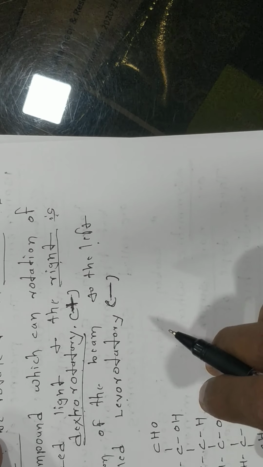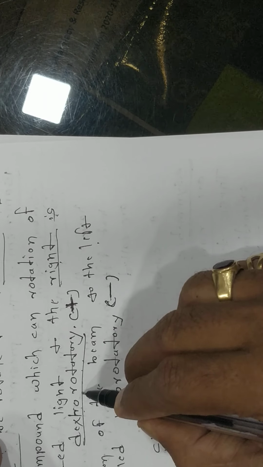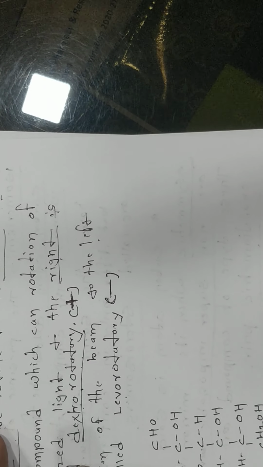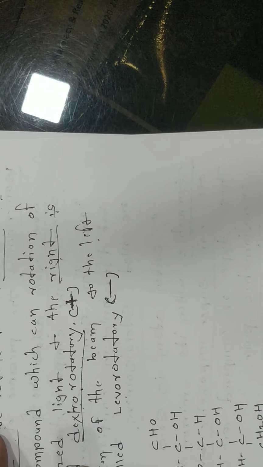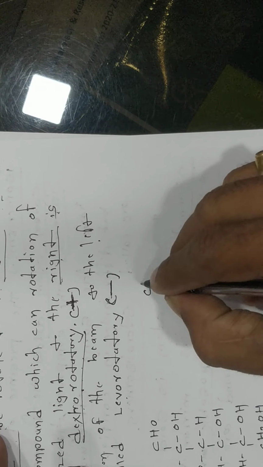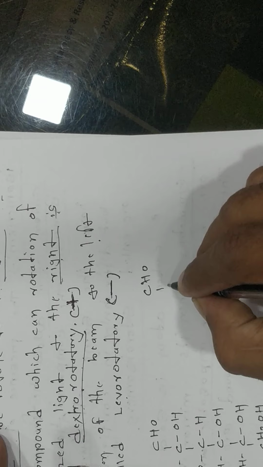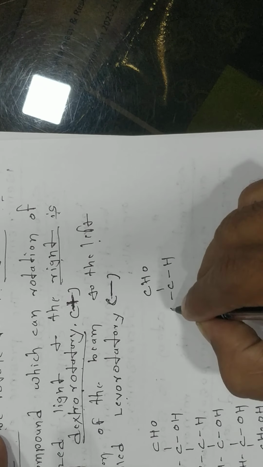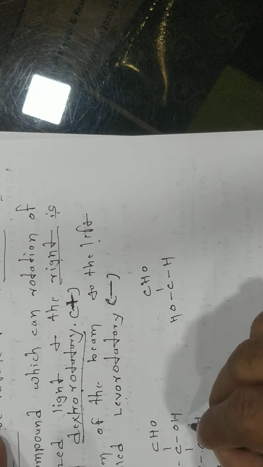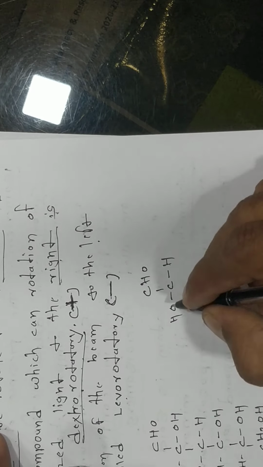It rotates to the right side, so that solution is called dextrorotatory. That's why D glucose shows positive, because it rotates plane polarized light to the right hand side. And now here it rotates to the left hand side.